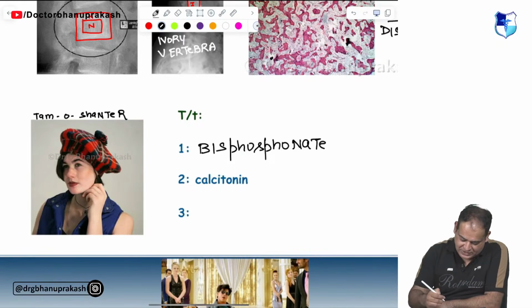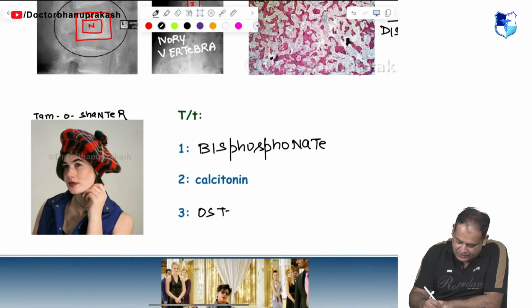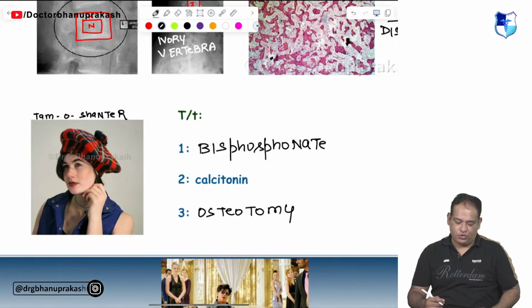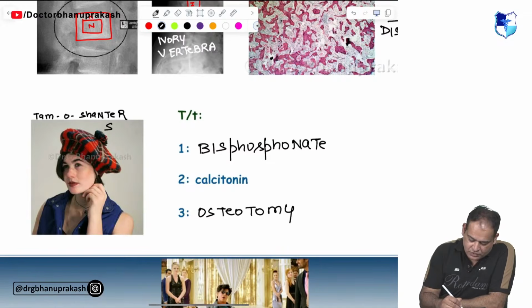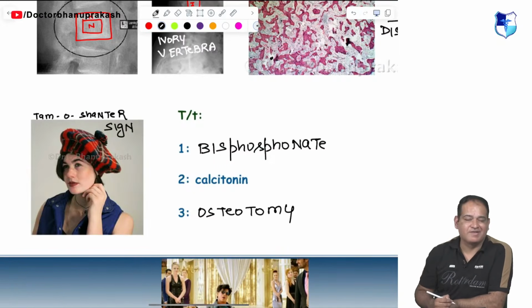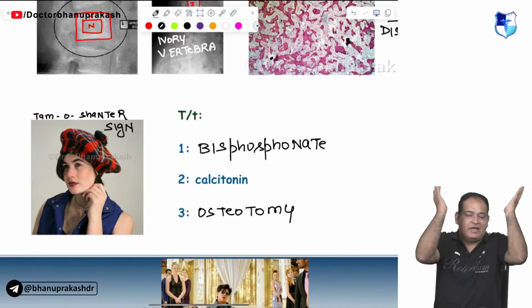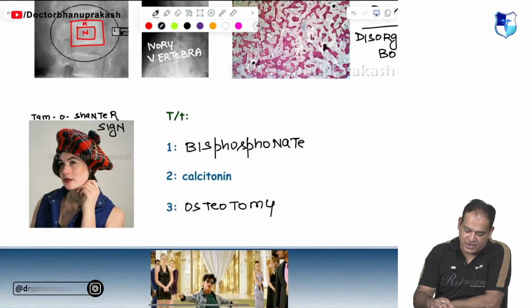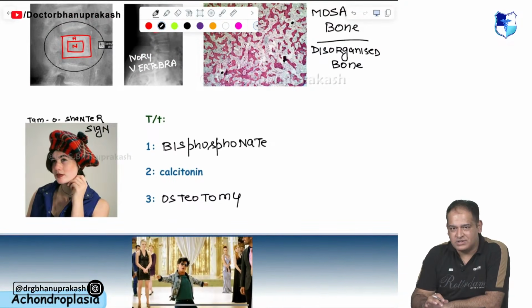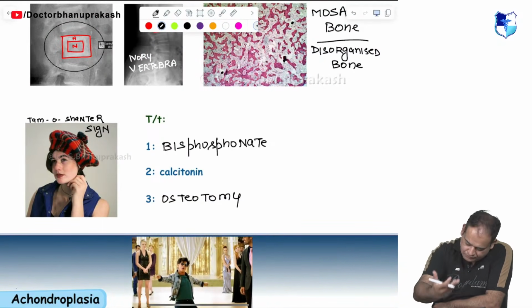Bisphosphonate, calcitonin, and in the later stages, the only treatment is osteotomy. So Tam-O-Shanter sign, what is that? Increasing skull size. Right? Let's go forward.